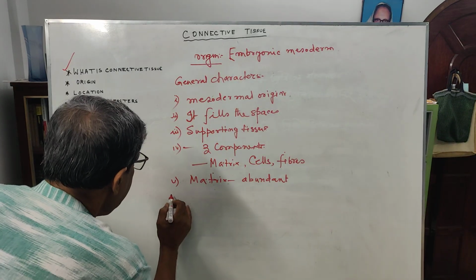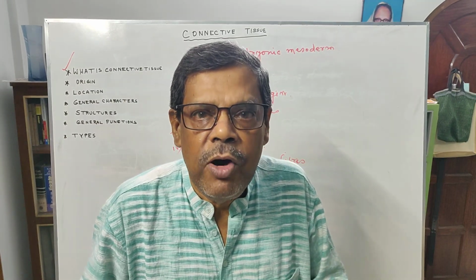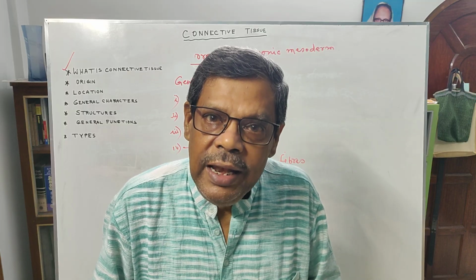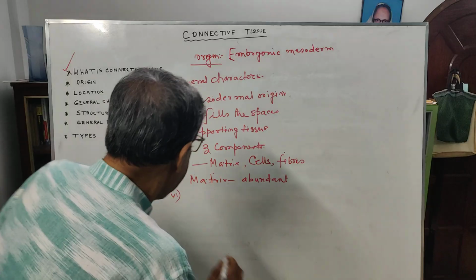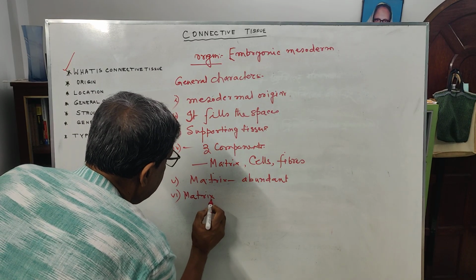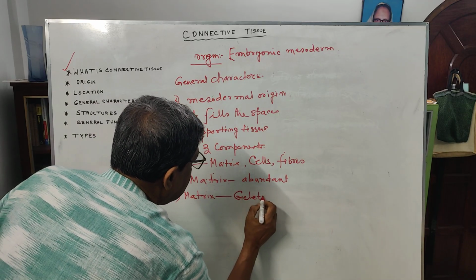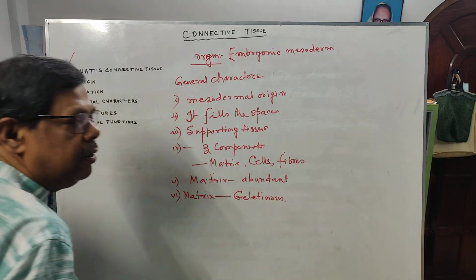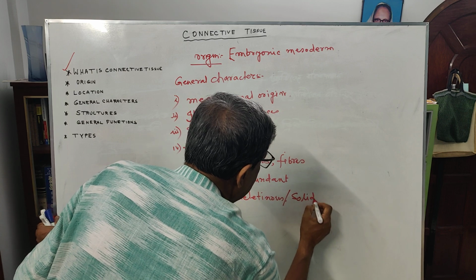Number 6, matrix is transparent, amorphous, gelatinous, or liquid or solid. Three types of matrix may be found: gelatinous, solid or liquid.